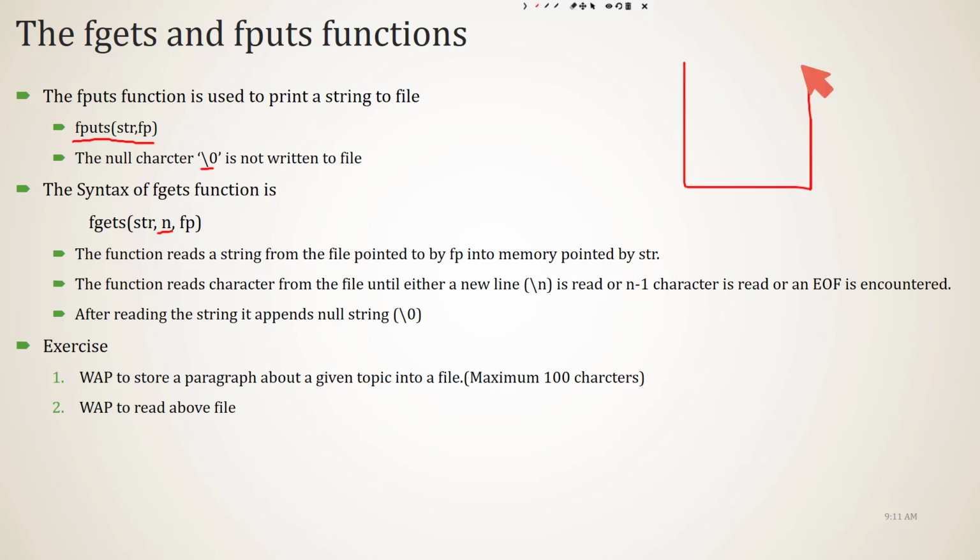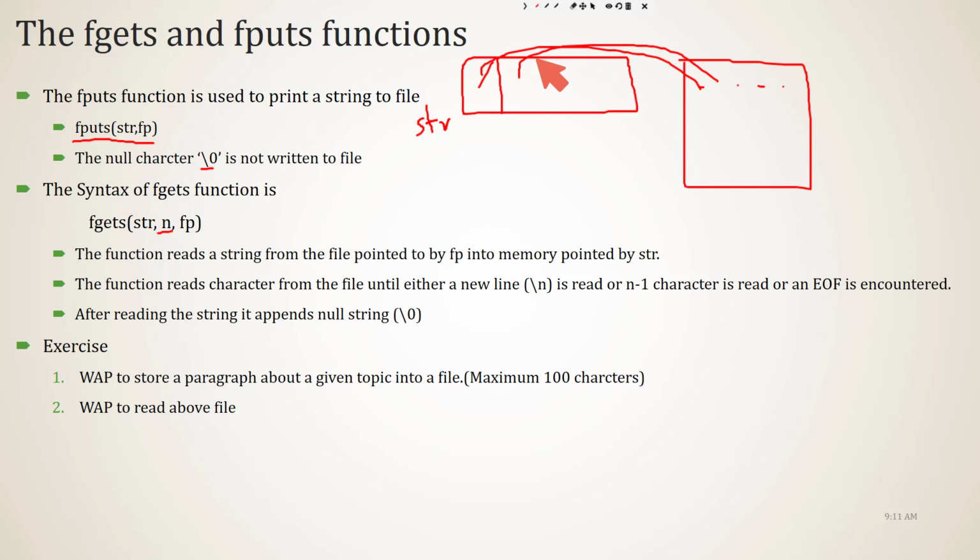So I have a file, some data is there. I have a str, that means generally it will be a character array, or it can be a character pointer also. So that data will be stored here. First character will be stored here, second character will be stored in the second cell, third character in the third cell. So it will fill the character array.